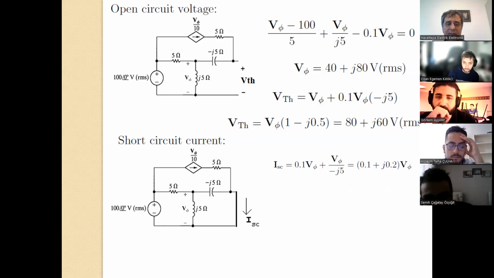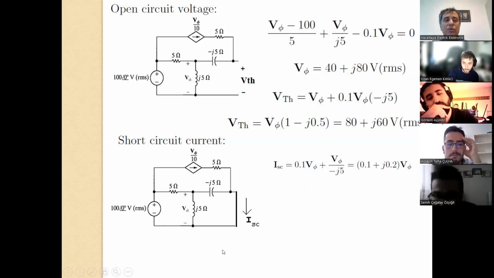Short circuit current will be the summation of two currents, one from V5 over minus J5 ohm to the ground. The other one is the dependent source current. When we do so, it is again related to V5. So we have to find V5 again.